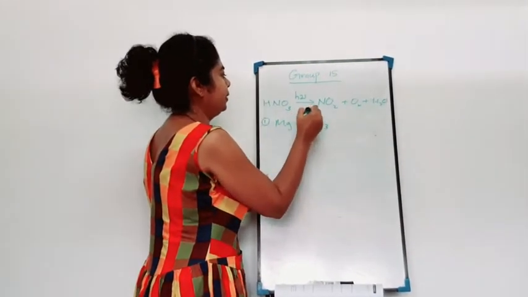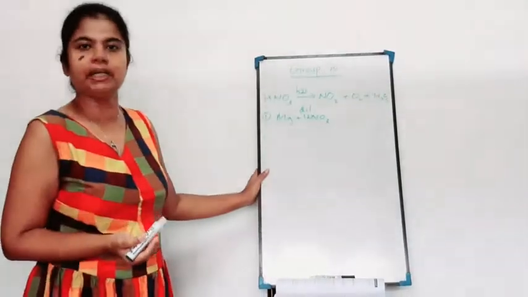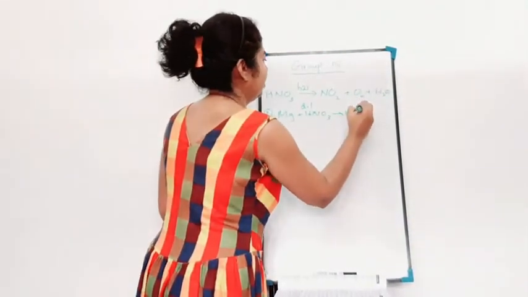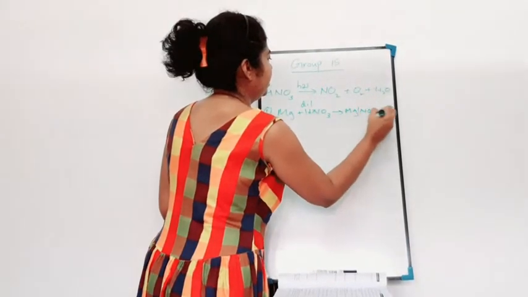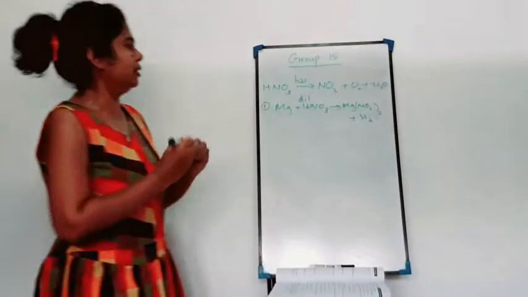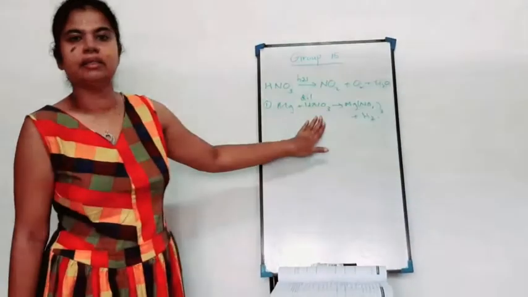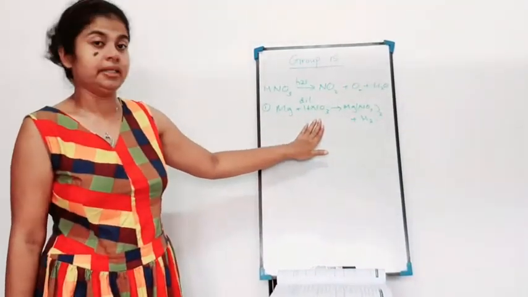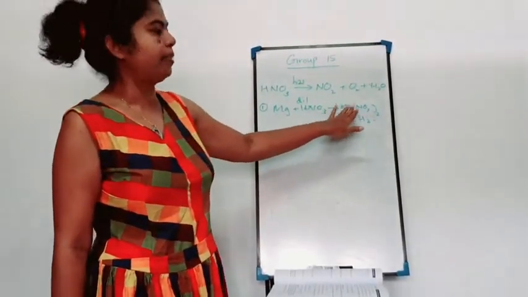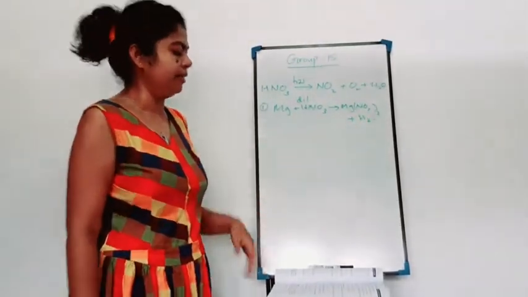If it is dilute HNO3, this acid-metal reaction is very familiar to you. The products are a salt, magnesium nitrate, and hydrogen. Magnesium plus dilute HNO3, that is important, produces magnesium nitrate and hydrogen.